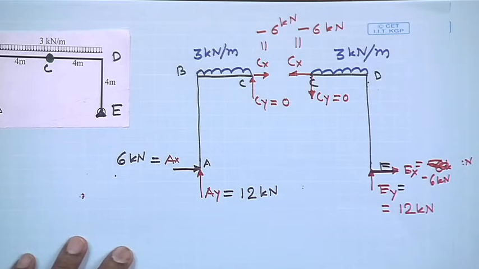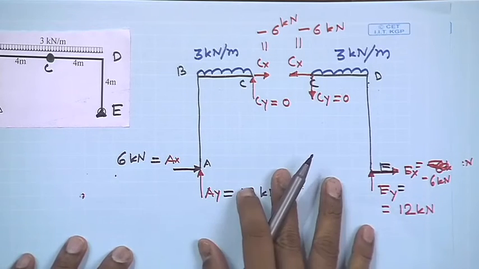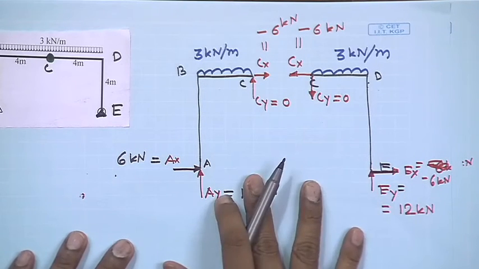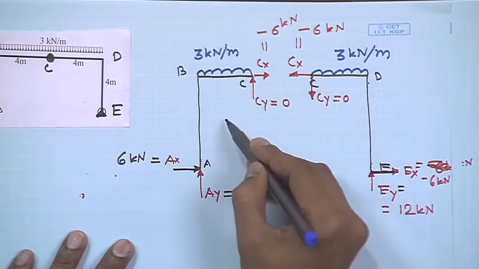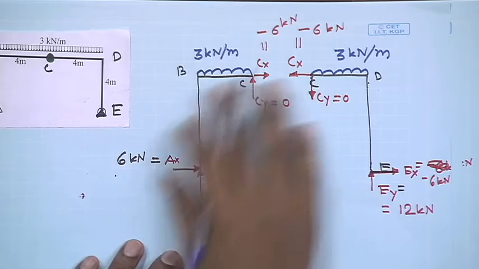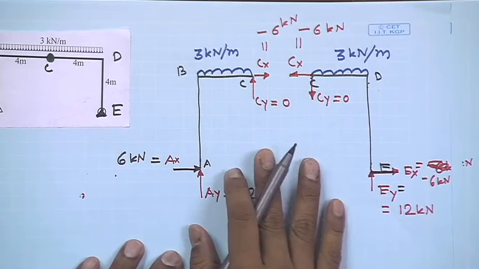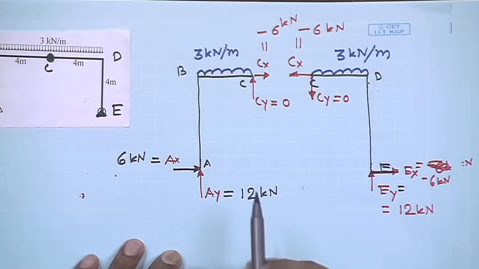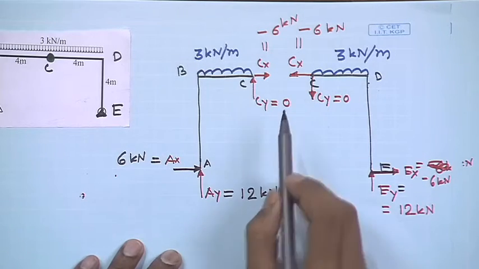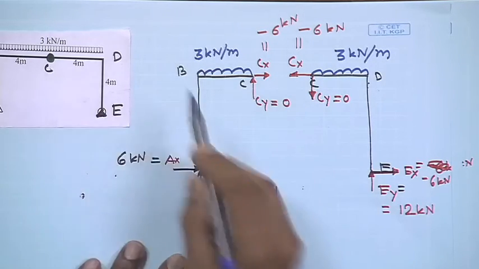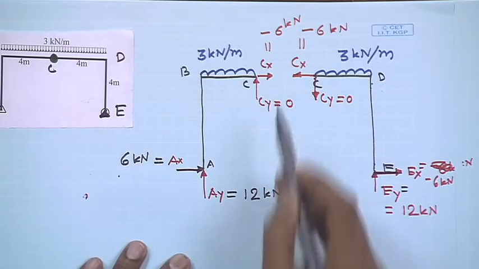Now let's quickly draw the bending moment and shear force diagram. Let's draw it by looking at the frame itself, without taking a section and representing moment and shear through a function. This is a symmetric structure, and at point C the bending moment will be 0.